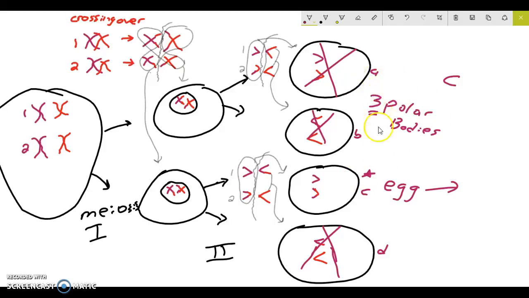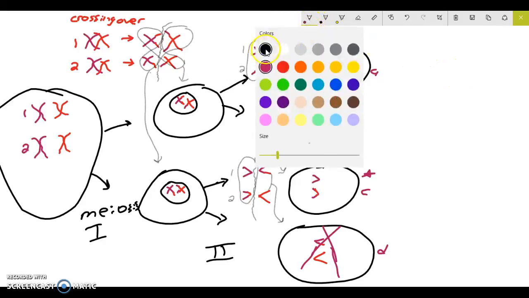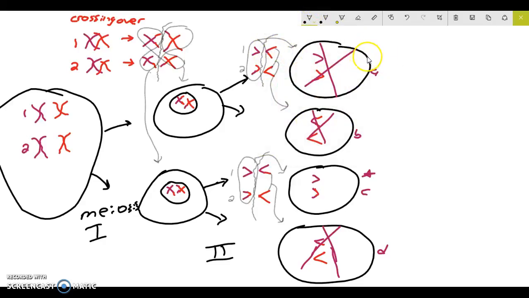Now in the case of sperm, instead of 1 egg and 3 polar bodies, when we have a male going through spermatogenesis, the individual will produce a sperm, give it a little tail, give it a little helmet, give this one a tail, another little helmet, another little helmet, little tail there, another helmet.